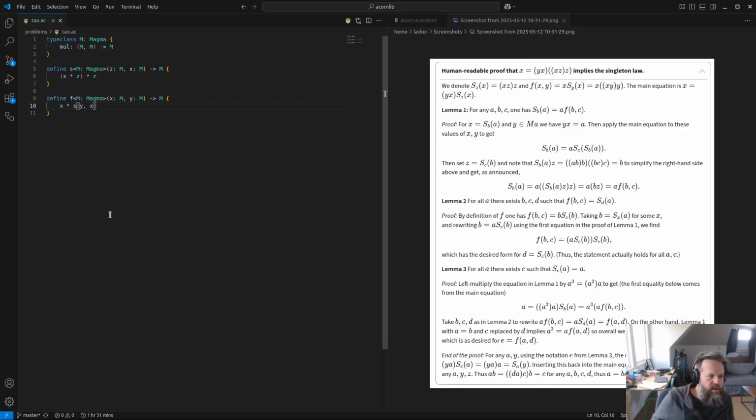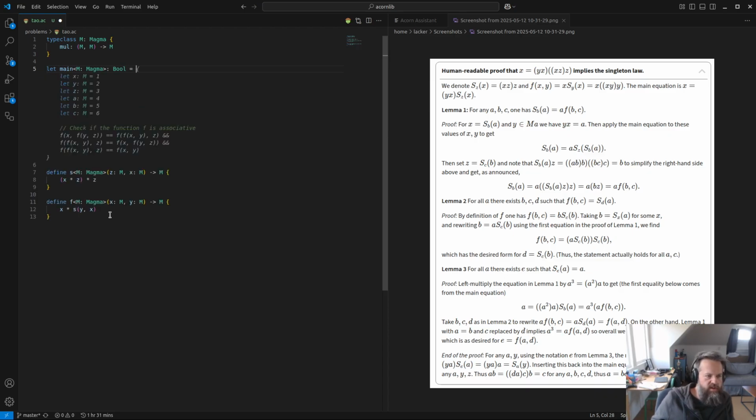Let's define the main equation in terms of s. This is just a Boolean because it's just something that's true of the class. You'll notice I have GitHub Copilot here. It's suggesting a bunch of nonsense, but for the most part, we can ignore that.